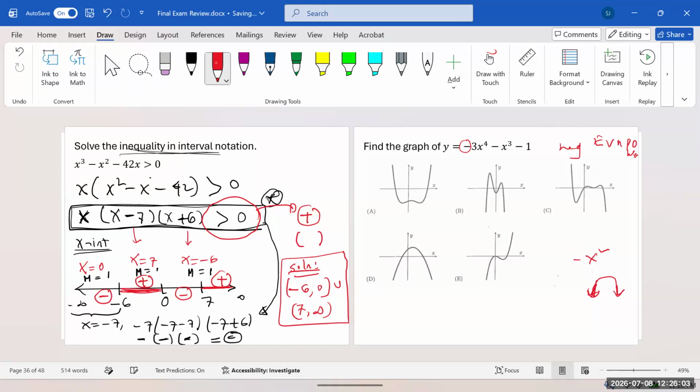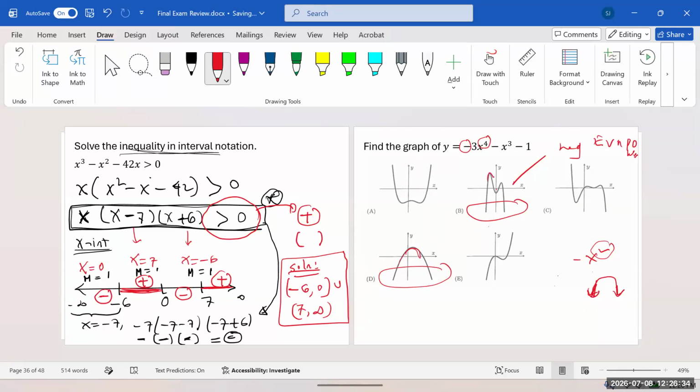So which of these has endings both going down? B and D. Now, which one makes sense? B, because it's fourth degree. If you have square degree, then it's a parabola. If you don't have a square degree, it's not a parabola. It will look like a parabola, but it may not be a parabola. So this is our best option. 4, so it's 1 unit less.